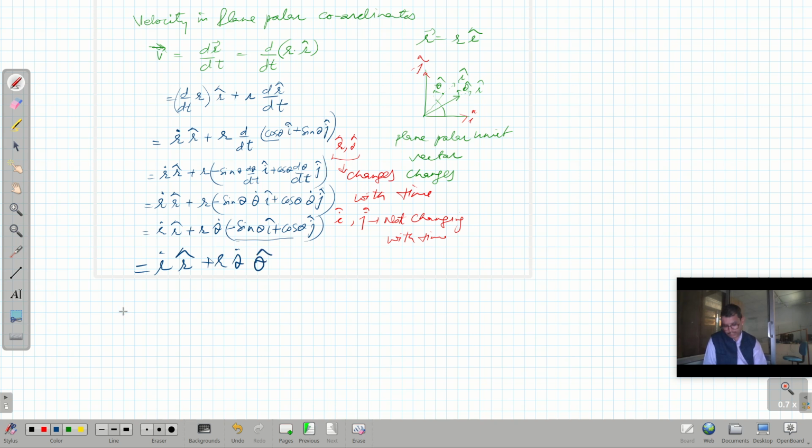So velocity can be written as r dot r cap plus r theta dot theta cap.